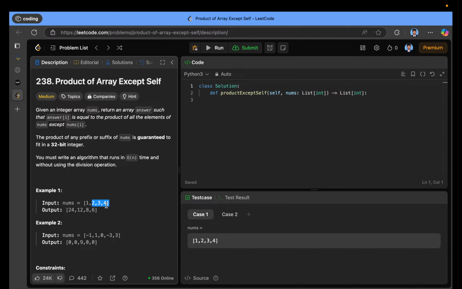If I have to do this, then I will just find the product of the whole array and then divide it by the one that I am trying to exclude. Let's do that, I think. Okay, that was the prefix, suffix; the numbers are guaranteed to fit in a 32-bit integer. You must write an algorithm that runs in O(n) time. Wow, seriously. This statement I never like.